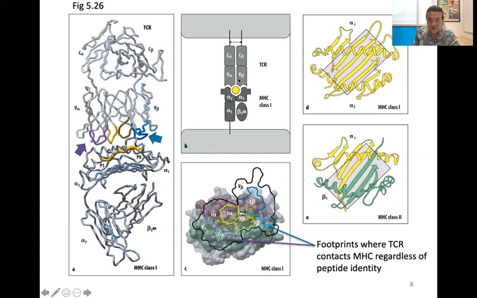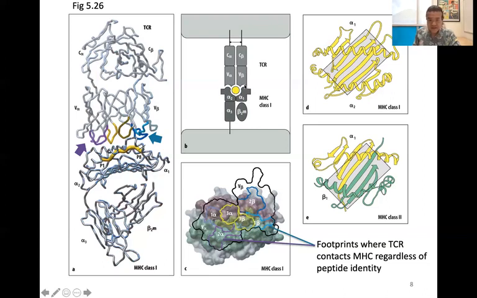And remember, each part has a variable region and a constant region, sort of like the immunoglobulins that we learned about before, right? On the bottom is the MHC class 1 that this TCR happens to have bound to, right? And the MHC class 1 is presenting this yellow dot, which is the peptide of interest, right? That this presenting cell has decided to load up on the platform for a T cell to check out.